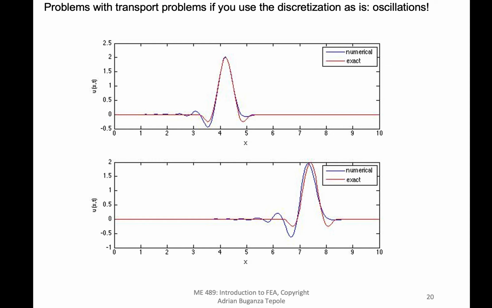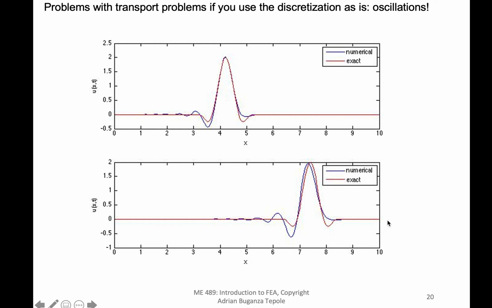So here you can see the exact solution is this red curve, and then the numerical solution is this blue curve. And this is a transport problem. So this wave basically propagates from left to right. And you can see that as the red wave moves, it shouldn't change in shape. So it should be basically the exact same shape as it moves through the domain.